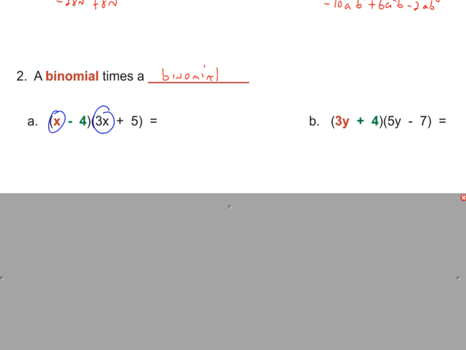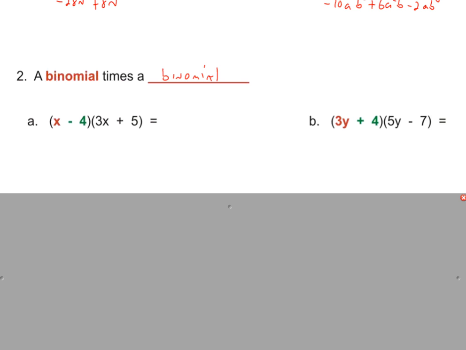You multiply the first terms, that's an F, and then you multiply the outer terms, which is an O, and then you multiply the inner terms, which is an I, and lastly, you multiply the last terms, which is an L. First, outer, inner, last. And you know what? If that's what helps you to remember how to multiply binomials, that's fine. But honestly, if you'll just learn how to distribute, then you'll know how to multiply any polynomial times any polynomial.